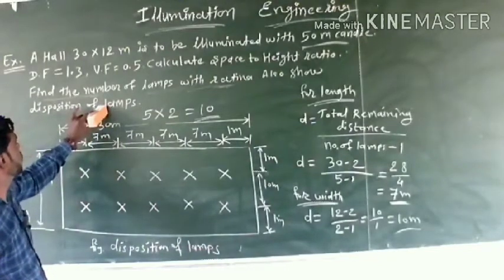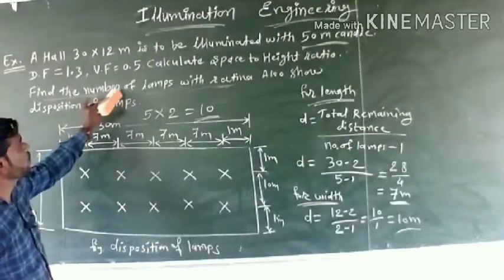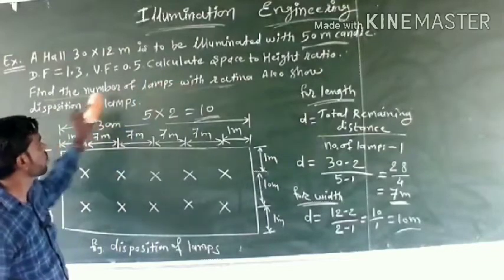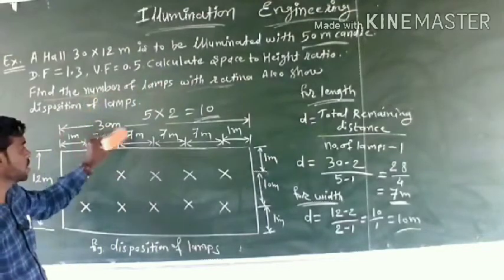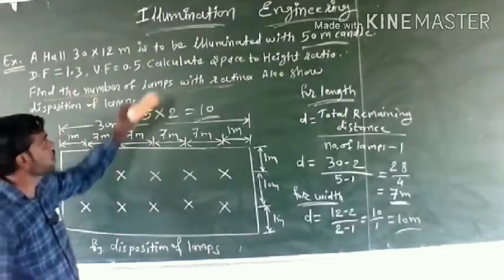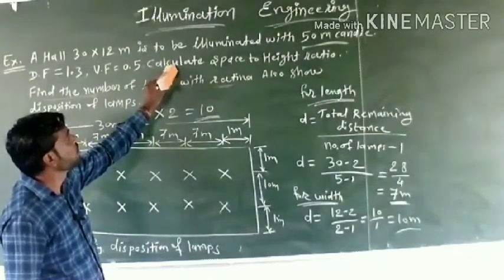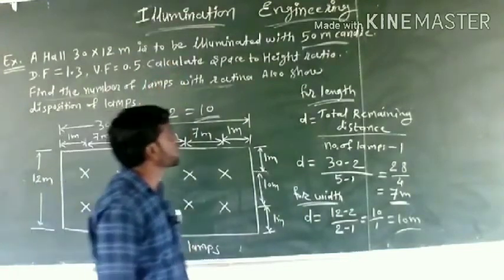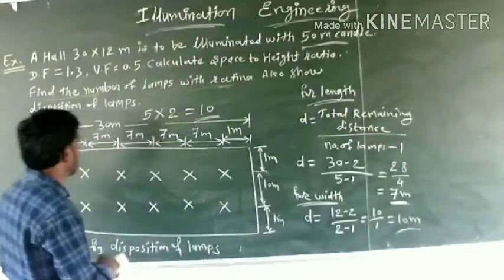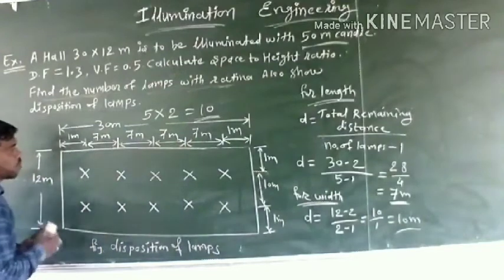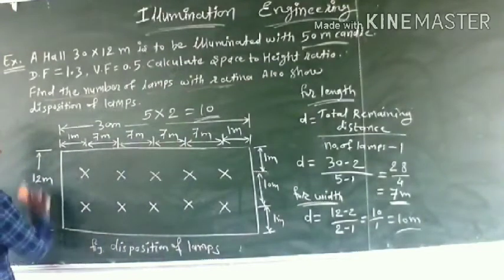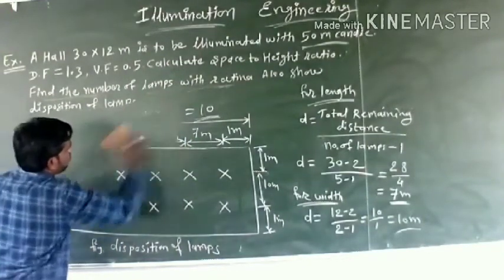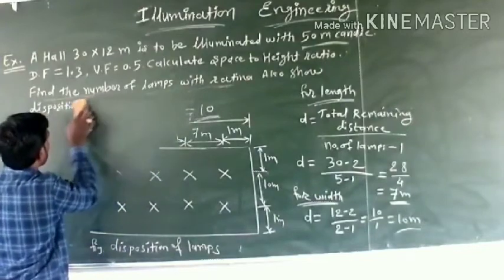In this numerical, we have to calculate the number of lamps with their rating and also show their dispositions. That means this is your answer. But there is also one more part: we have to calculate the space to height ratio. For calculating the space to height ratio, we have to use another formula.